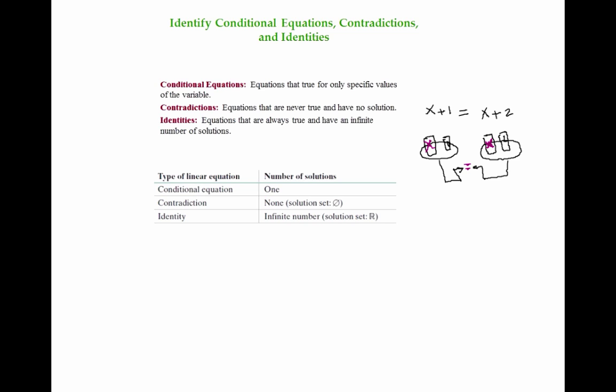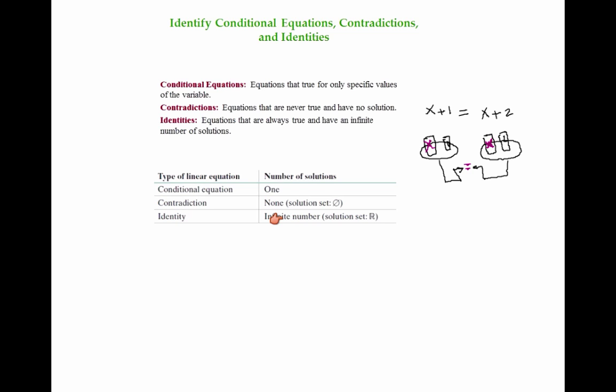There's no way we can do that, because to begin with, the scale was not equal. It was tipped one way. So this would be an example where we get no solutions, or a contradiction. It means no solutions. And this is the symbol we use when we have no solution, the empty set.